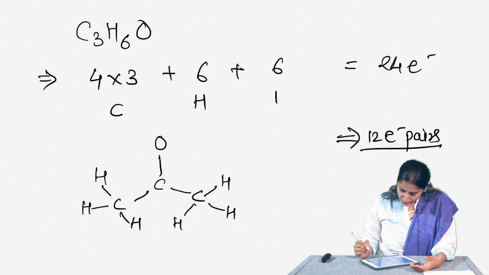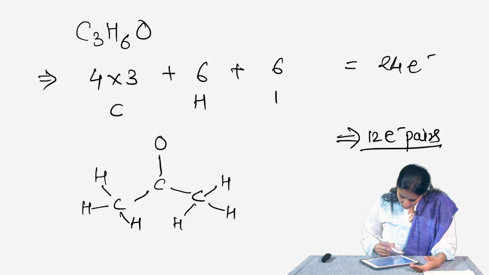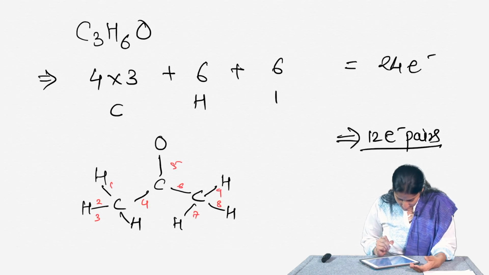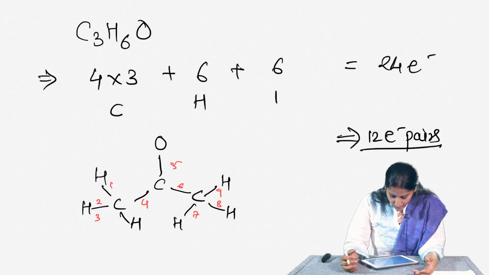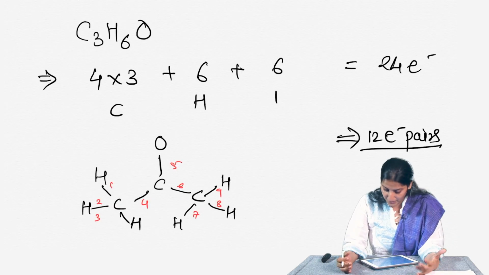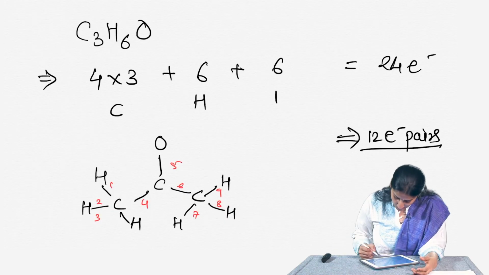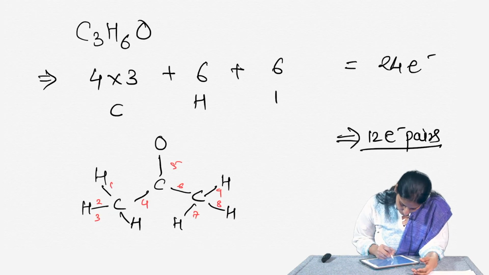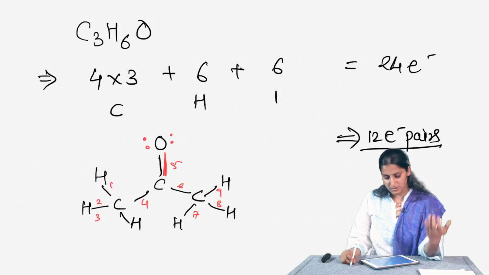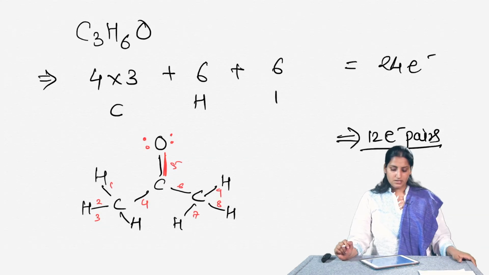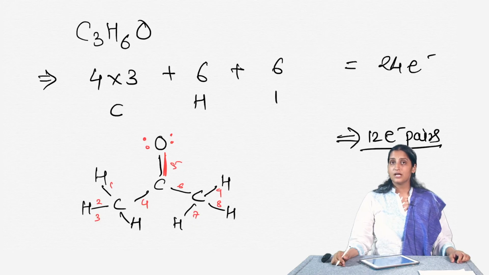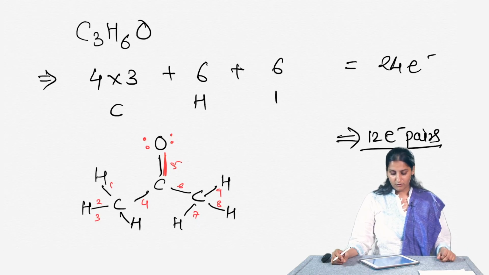If you really see the skeleton structure, we have taken care of 1, 2, 3, 4, 5, 6, 7, 8, 9 electron pairs, right. So, we have 3 more electron pairs to put, and those 3 electron pairs can actually go as a double bond between the oxygen and carbon and the 2 lone pairs on that oxygen. This really takes care of the octet rule for each element. This also fulfills our 12 electron pairs.